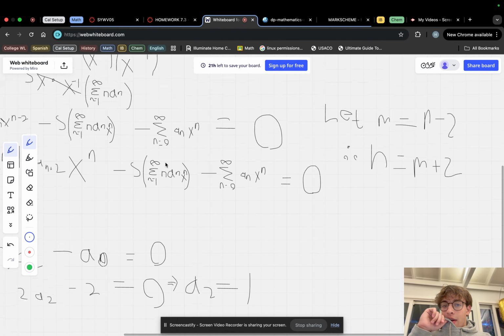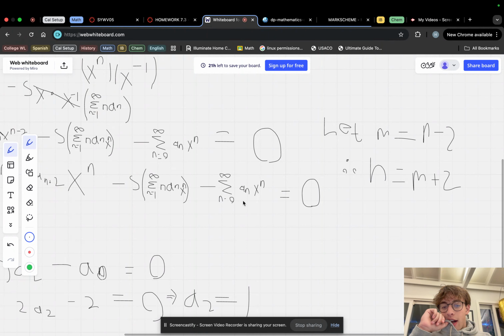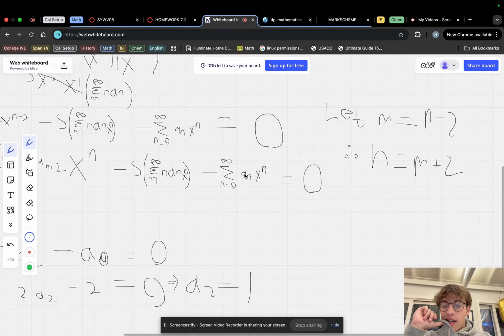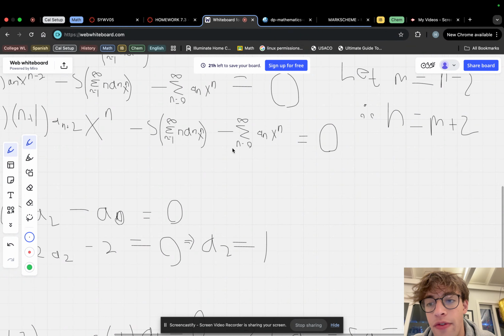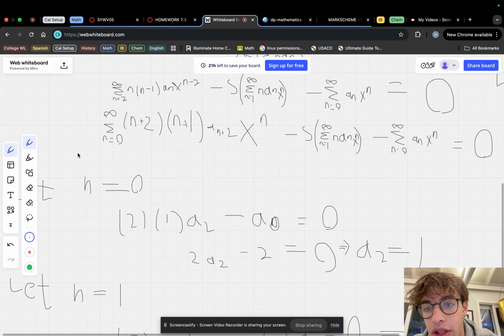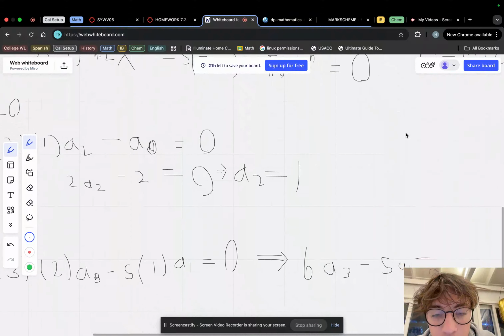Oh, wait, sorry, I almost forgot. We also have this right here, so this would just be a1, which is 1. And I should mention, this is after we factored all the x to the n's out, so we can ignore these when we're plugging this in.